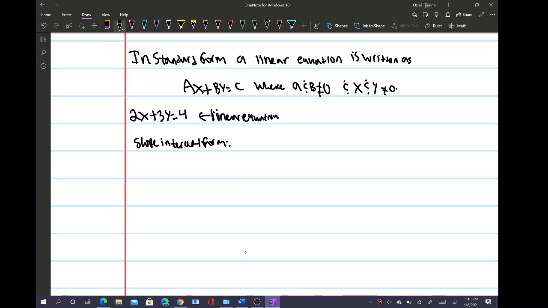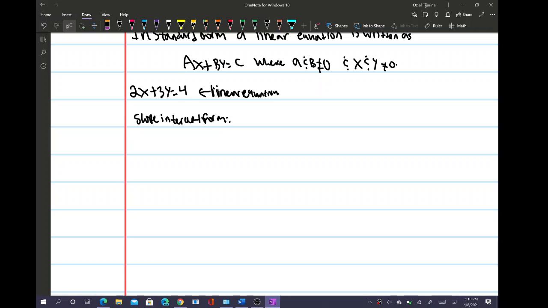I will say that right now. If you don't know what it means, then you really need to learn it, because moving forward, once you learn quadratics and stuff, you want to understand what it means. So the slope-intercept form is y equals mx plus b, where m does not equal 0, x does not equal 0, b does not equal 0, okay?